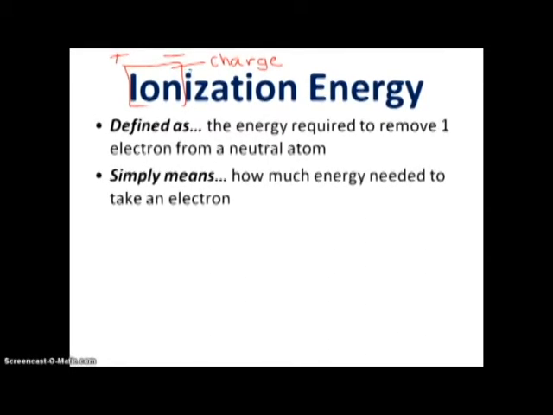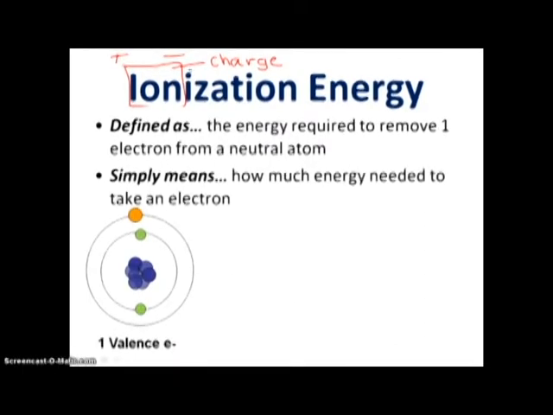So what group will not let you take a single electron from them? The noble gases. Group 18. Why will group 18 not let you take an electron? They have all 8. They're not going to risk losing one. They're complete.